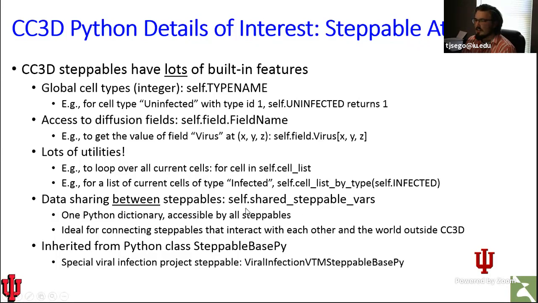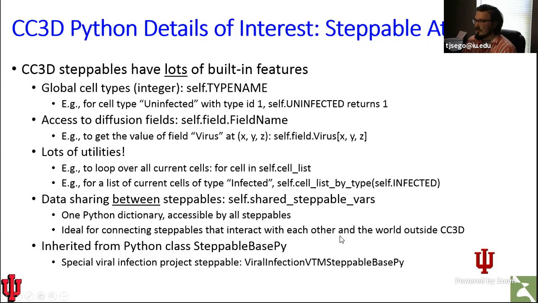That global Python dictionary is called shared_steppable_vars. So any Python steppable in CC3D has this attribute. And when performing manipulations on that dictionary, those manipulations are reflected to every other steppable. This is, again, nice for doing things like connecting steppables that interact or lead to events in other steppables.